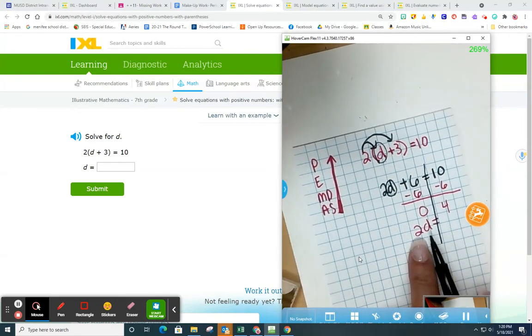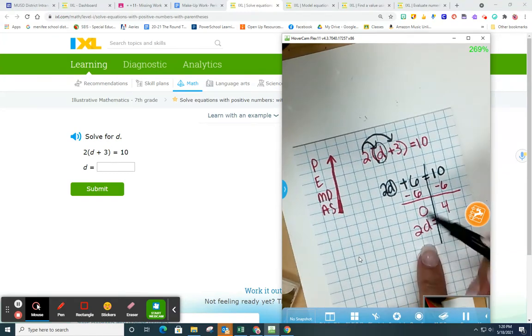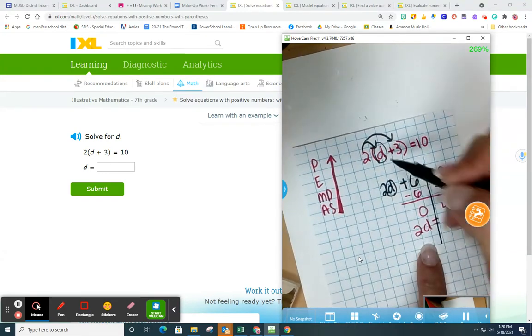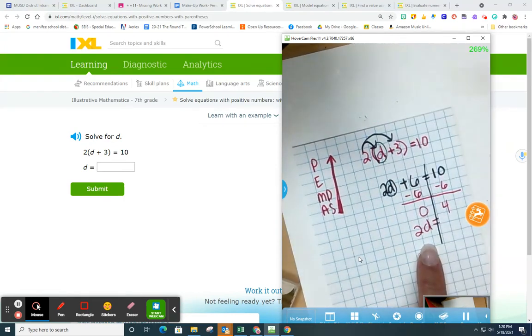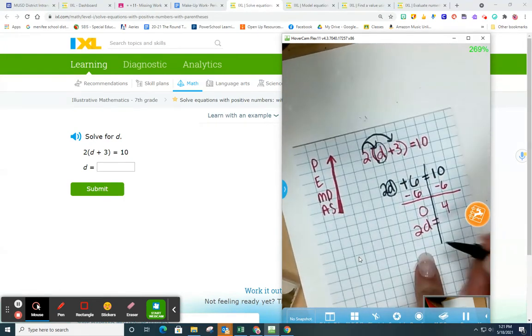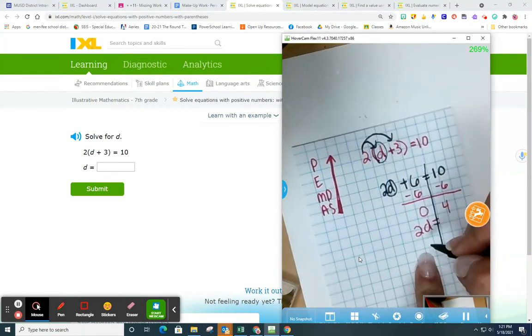Now I remember anytime I have a variable next to a number, that means there's an operation happening there, multiplication. This is the same as 2 groups of d. And with 2d equals 4, I have to do the reverse. I have to do the opposite.